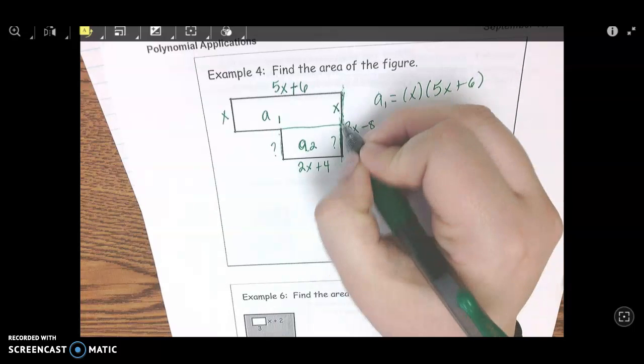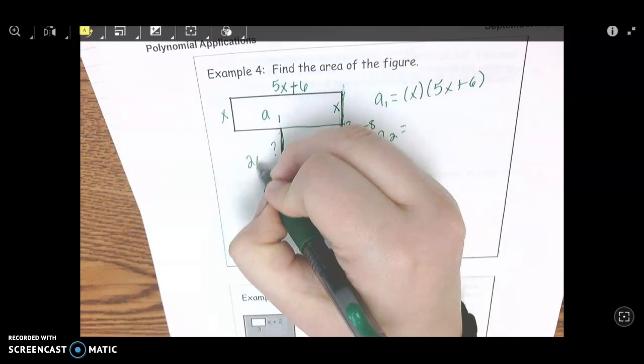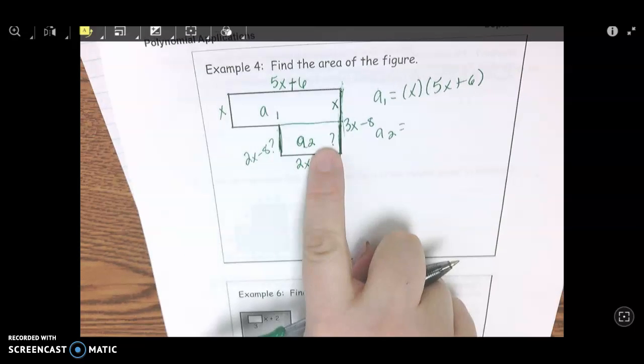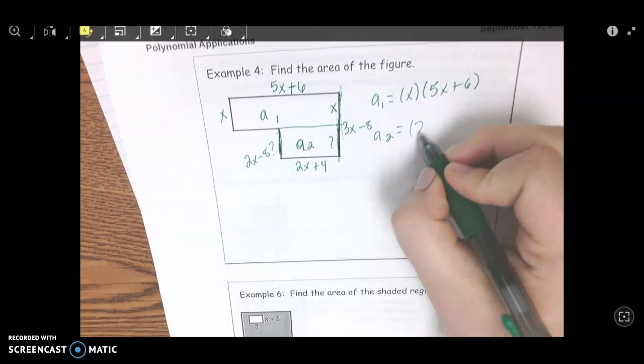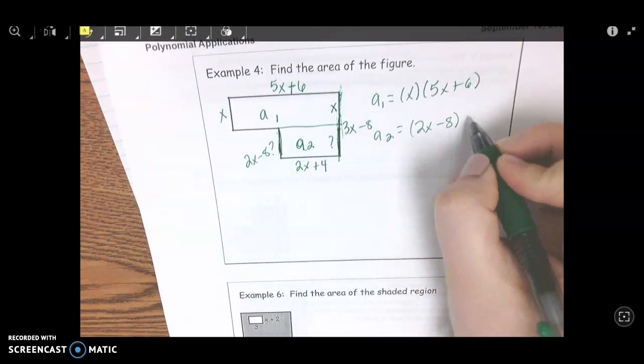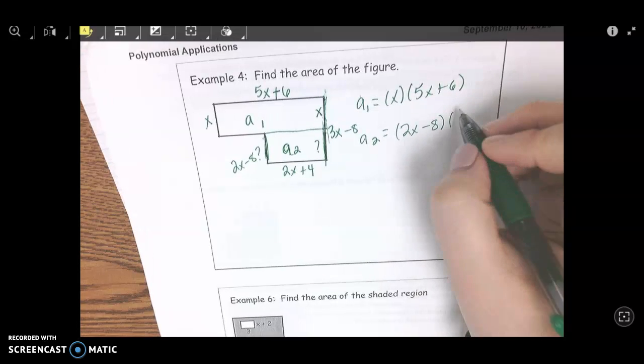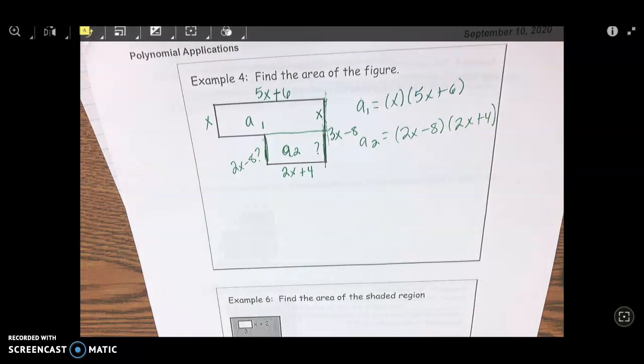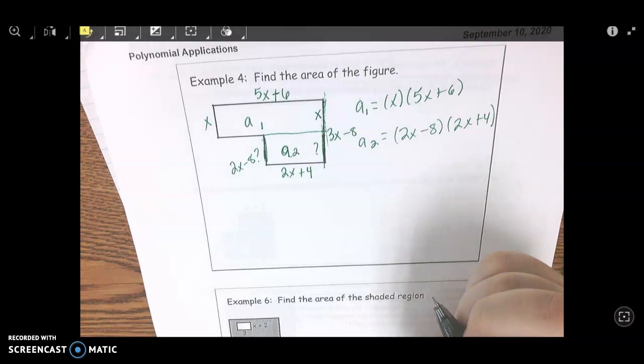So this part right here is just 2x minus 8. To find the area of the second rectangle, you're going to do 2x minus 8 times 2x plus 4. And then your total area, you would just add those two together.